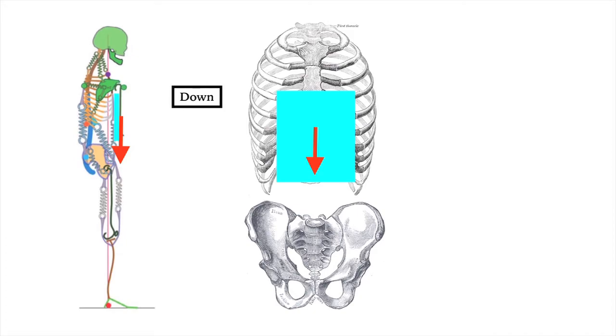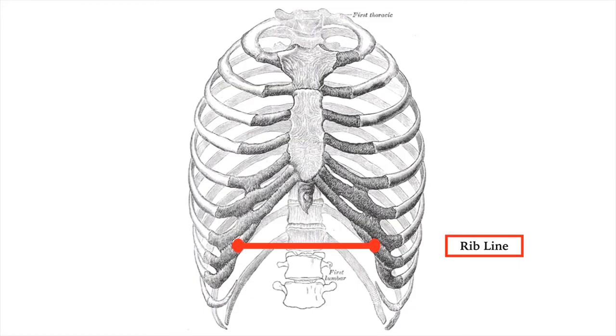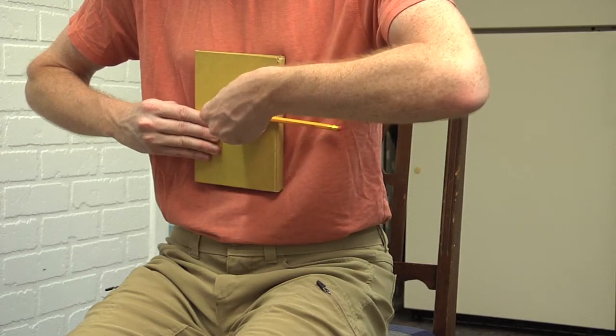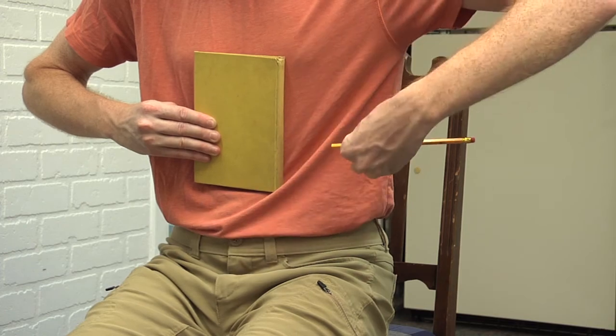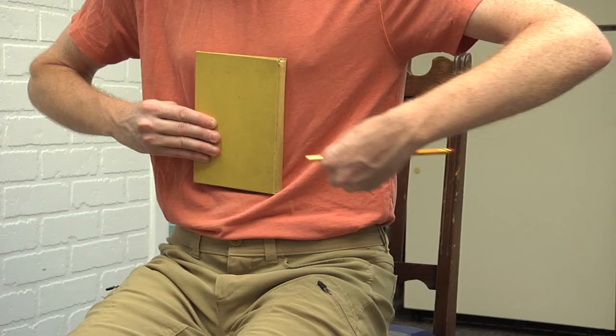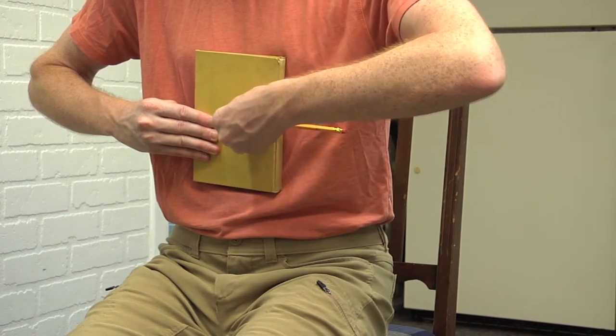For these, we can imagine that there is a point on the rib line exactly in the center between your right rib 8 and your left rib 8. So with your pencil, show the direction of starting at that center point and going out away from the body. That is outward. Inward is the opposite. It's going from outside of the body in towards the center.